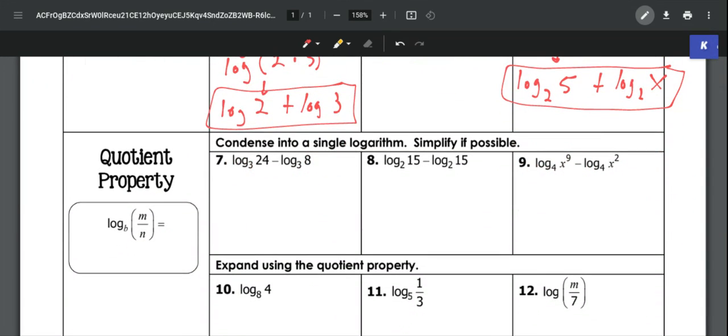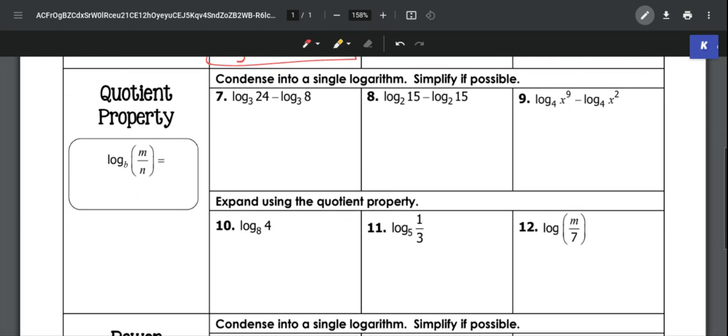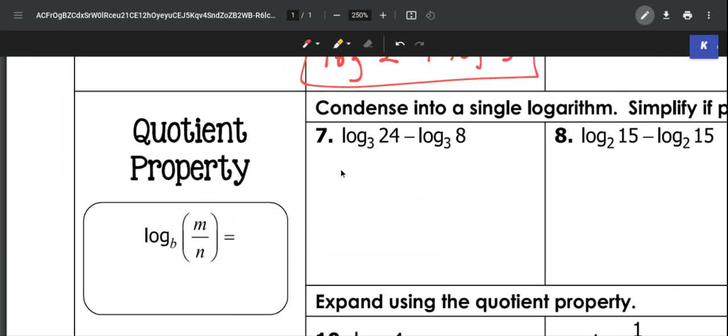Now the quotient property is very similar, except now we'll have subtracting, and in turn, when you condense this, that means you're dividing. Or if you want to expand it, it means you'll be dividing and then subtracting. So let me give you the general form first.